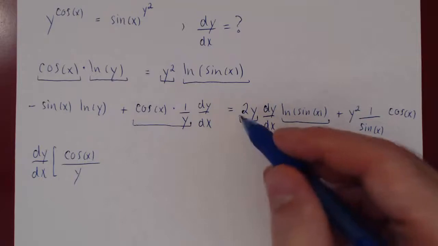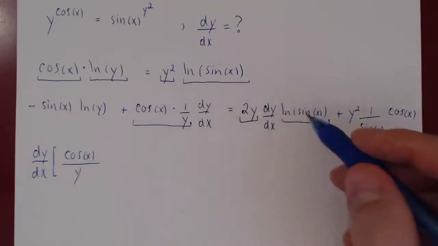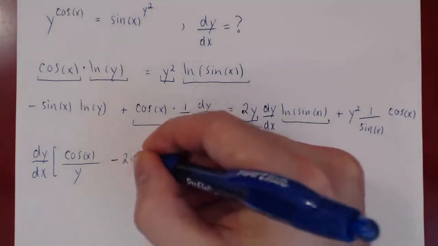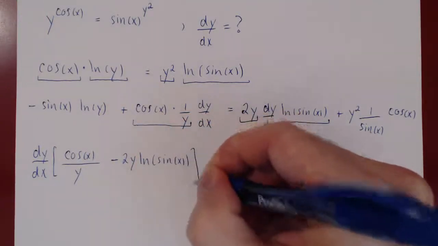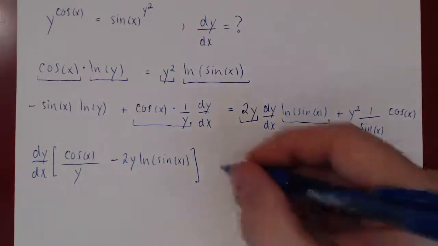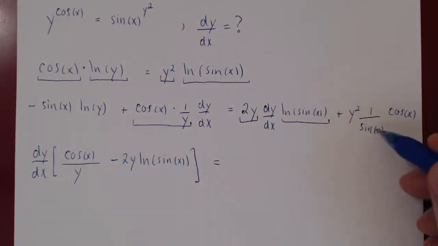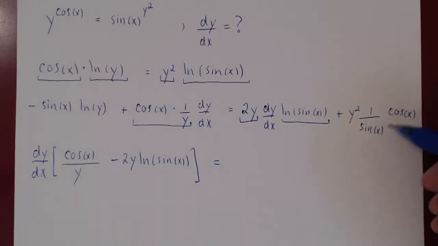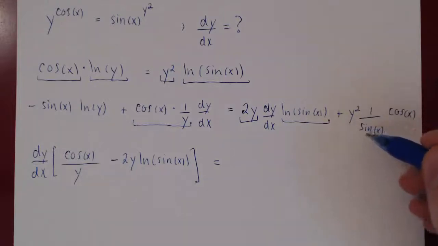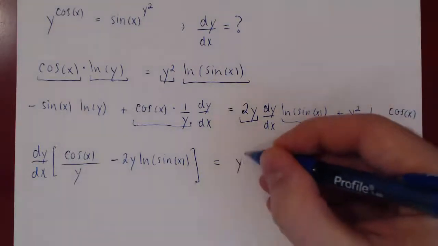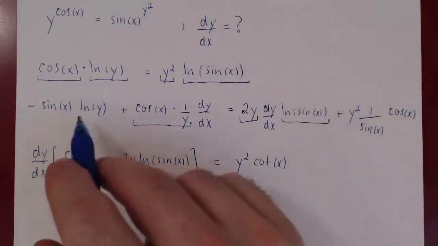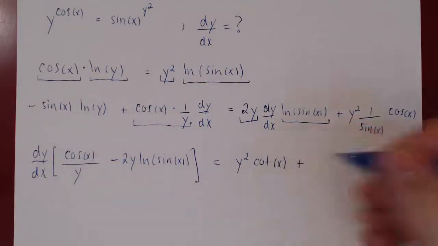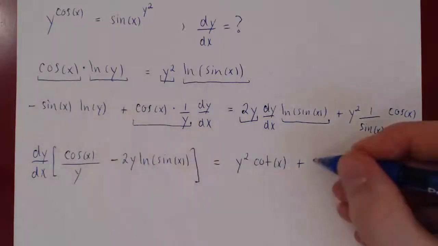Once we bring this over here, this will be negated, so negative 2y ln of sine of x. That's the left-hand side, equals, well, this term, now if you think of it, sine over cos is tangent, cos over sine is cotangent, so we can write this simply as y squared cotangent of x. And this term now we send on the right-hand side, and it will become a plus sine of x ln of y.